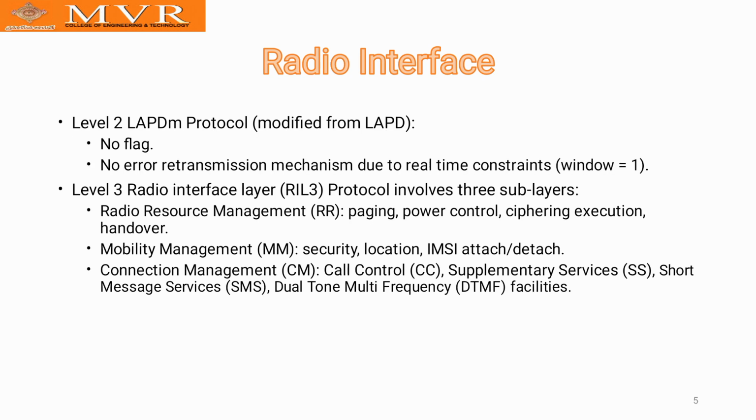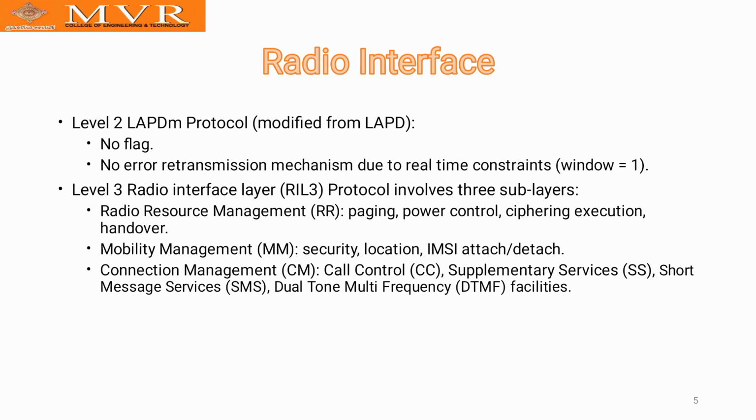This radio interface has, at level 2, the LAPDm protocol. It is modified from LAPD. LAPD means link access protocol of the D channel, and in the link access protocol the D channel is modified at layer 2, which is LAPDm, link access protocol of the Dm channel.